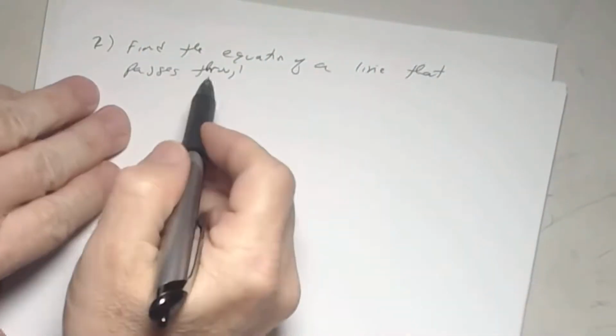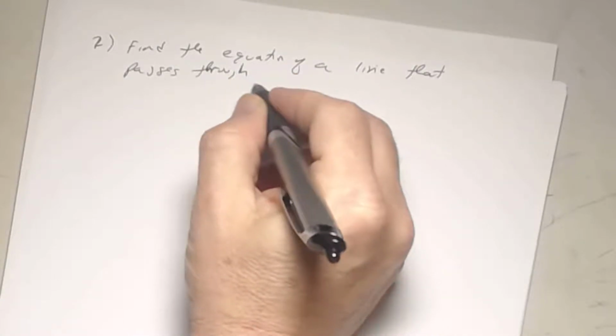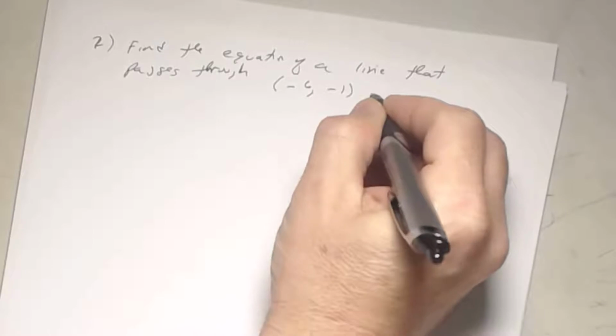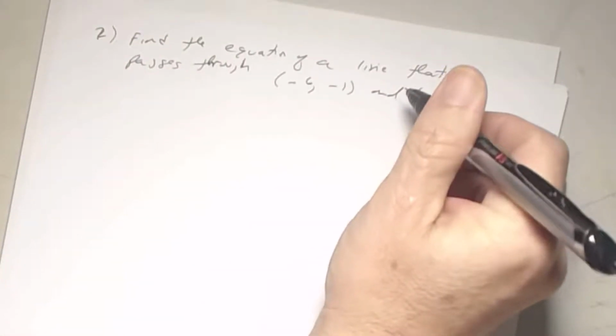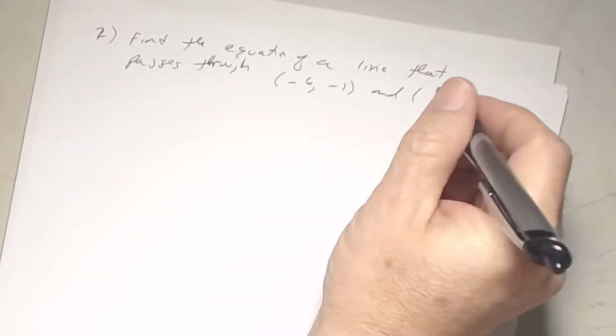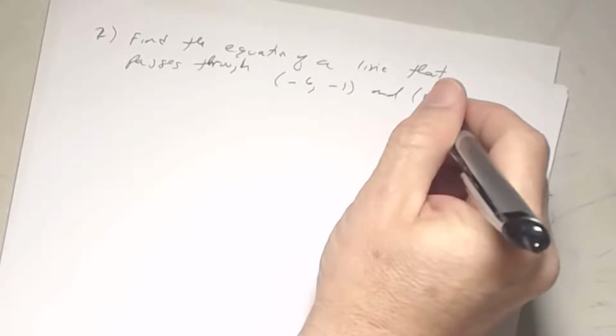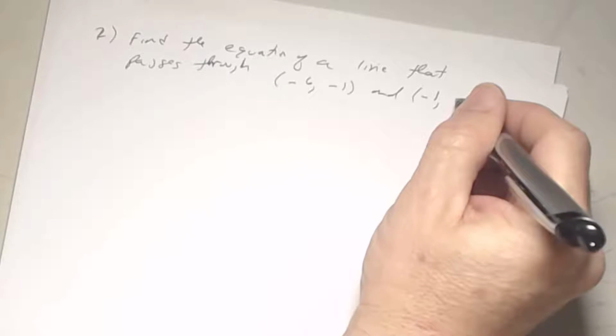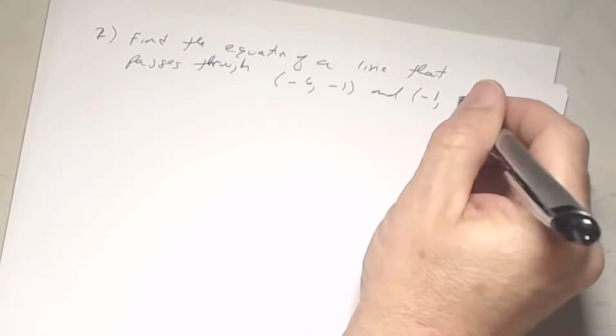All right, so let's go back over here. So find the equation of a line that passes through, and let's say the points this time are negative 6, negative 1. And again, I'm trying to make this be an integer for the slope. And let's say negative 1, 14.